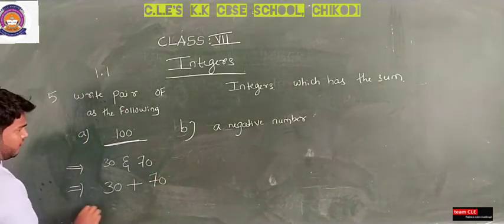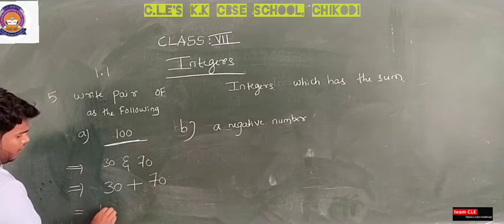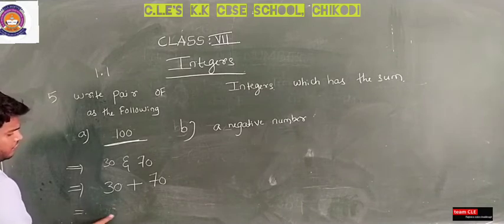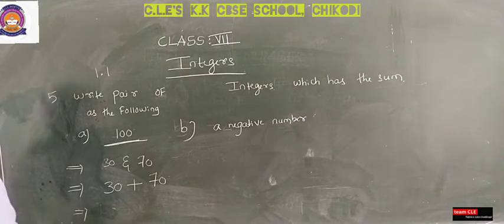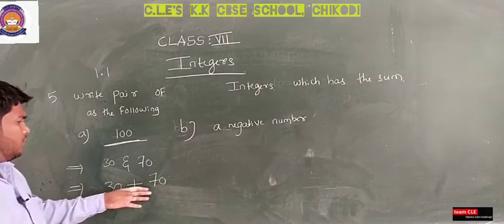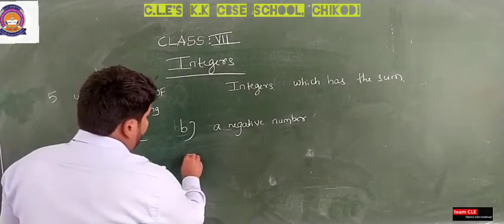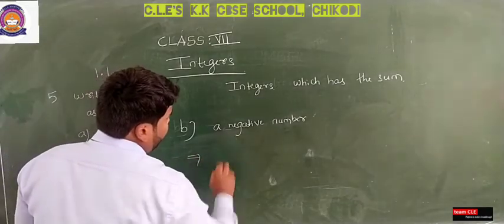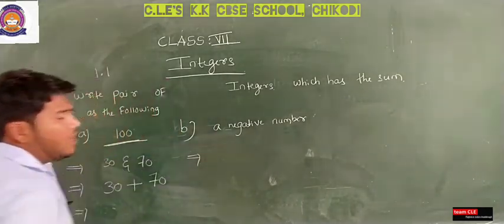So 30 plus 70 is equal to 100. For the second one, whenever I take any two integers, I should get a negative number.